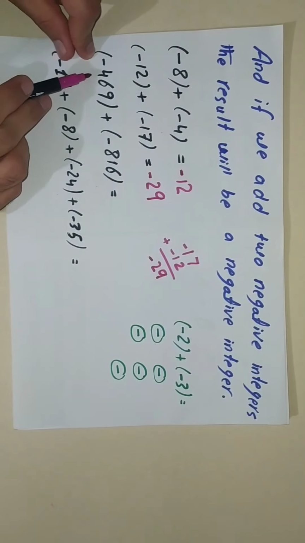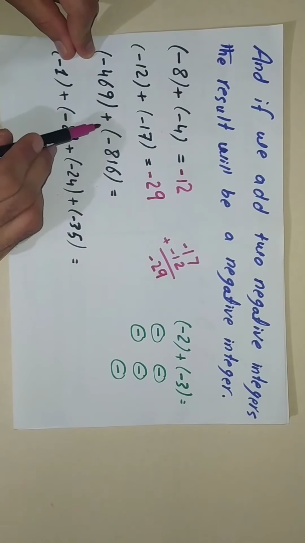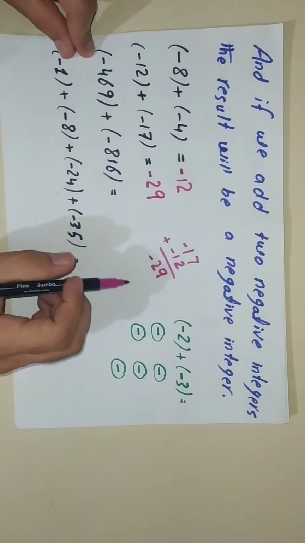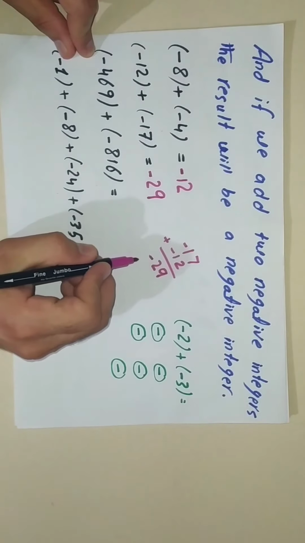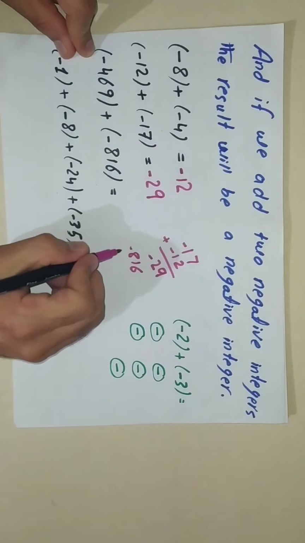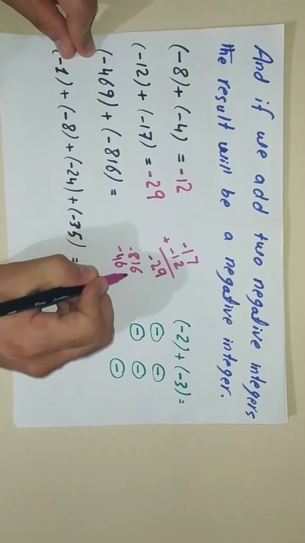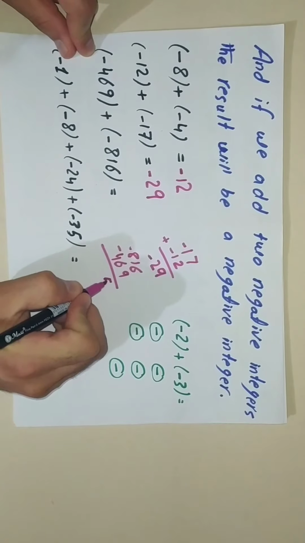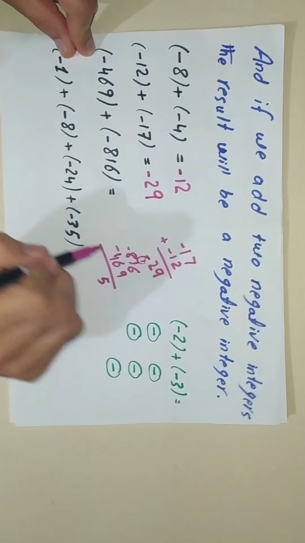Our other example is minus 469 plus minus 816. So we will add these both numbers, 816, which is also minus, and minus 469. So 6 and 9, 15. We will write here 5 and 1 we will add to the next number.